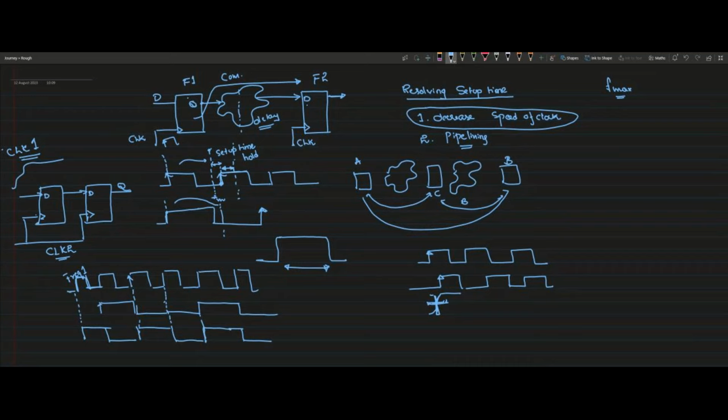So this is frequency 1, and this is frequency 2. I want to capture at frequency 2.